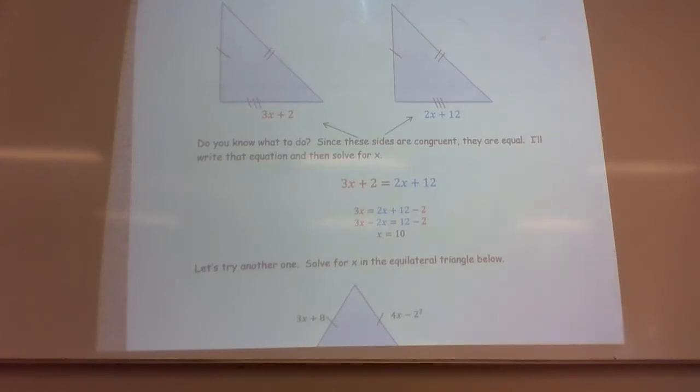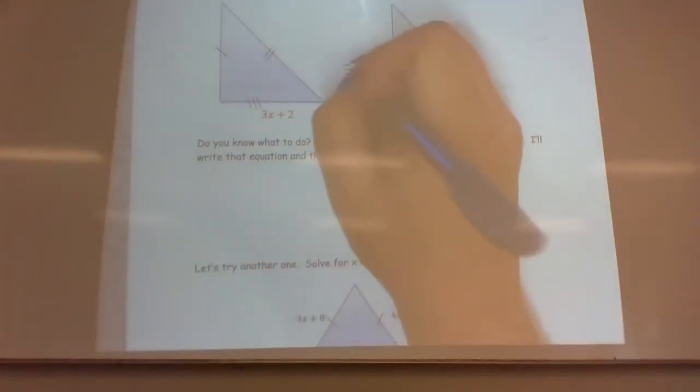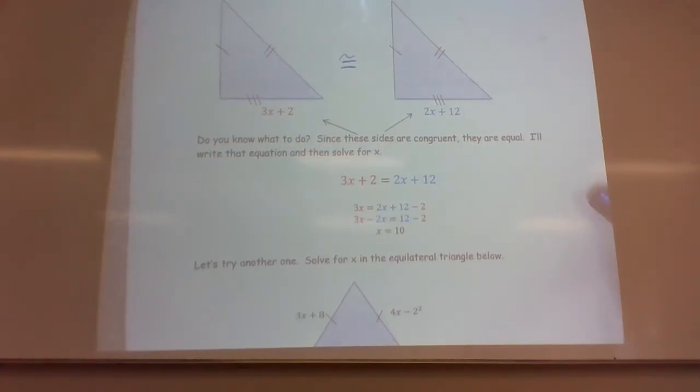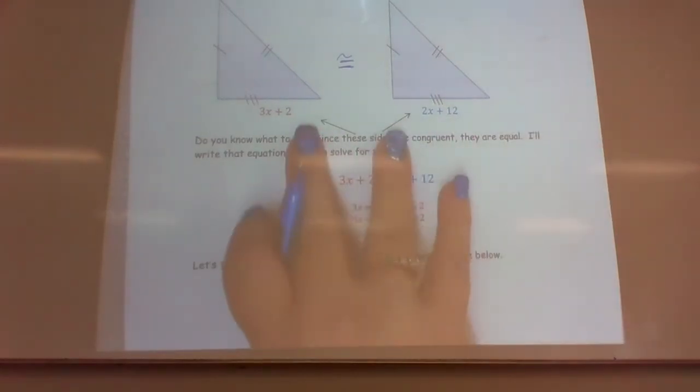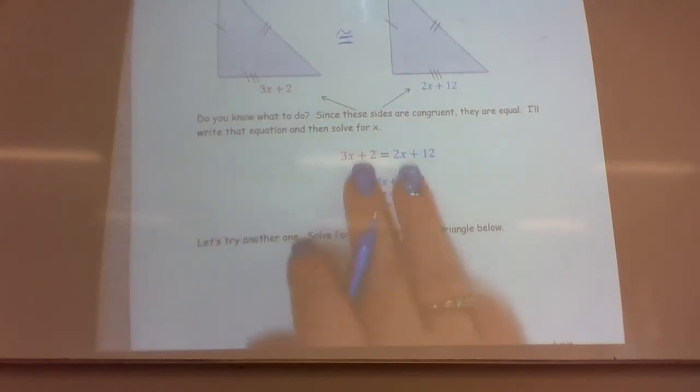Alright, so this is saying that I have two congruent triangles. I'm going to use our symbol so we know that these are congruent. But we have two very different equations to represent this side. So we need to solve that equation.